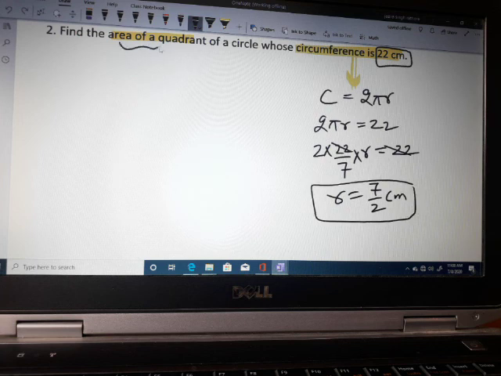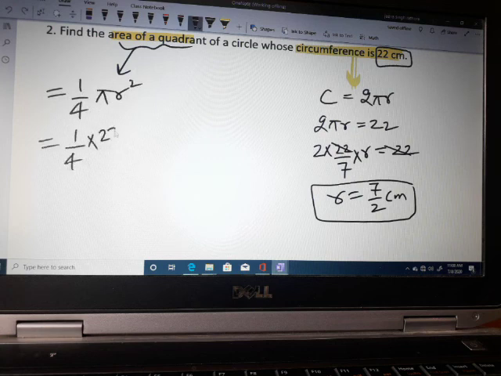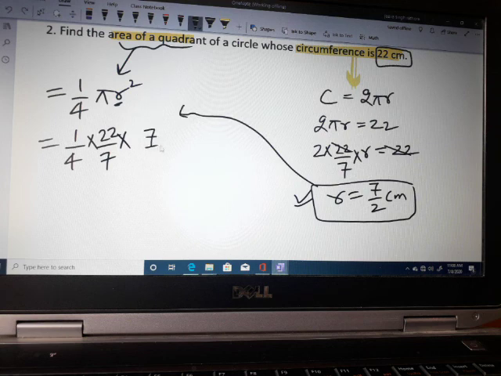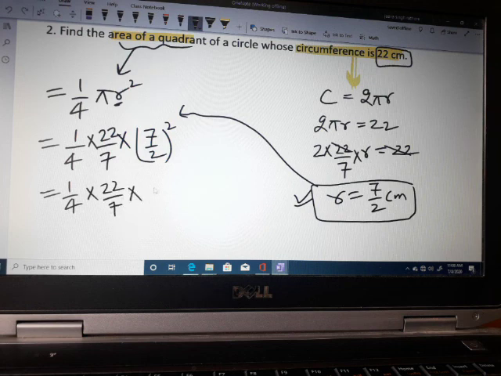You have to find the area of the quadrant. Area of quadrant of a circle equals 1/4 pi r square. Just put the value: 1/4 into pi equal to 22 upon 7, and r is the value we found, 7/2, so r square is the square of 7/2. You have to just solve this: 7/2 into 7/2.